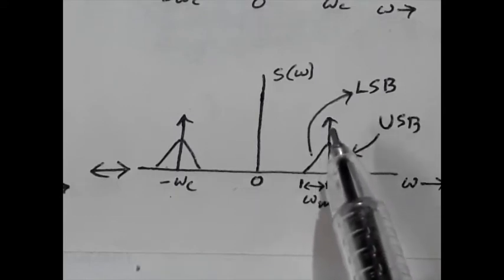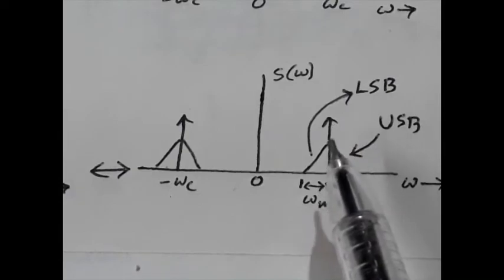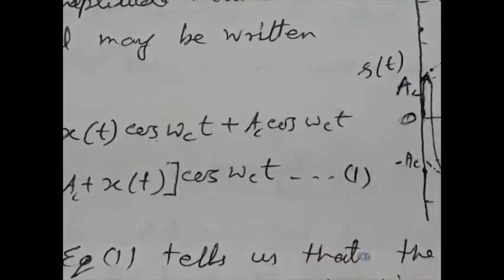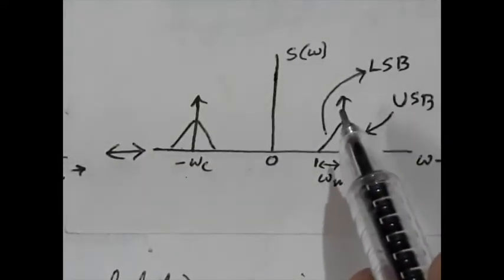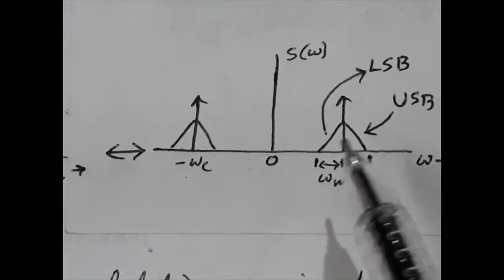This spike is not carrying any information, that means it is not linked to x(t). See this, Ac cos ωc t is simply carrier, there is no information. So all the information is carried by these two parts actually.